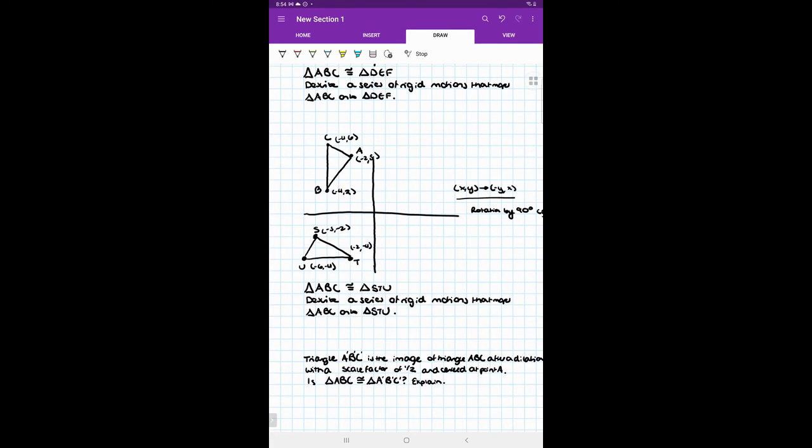If I rotate by 90 degrees counterclockwise, (x, y) goes to (-y, x), which is what I wanted. Okay, yeah, sorry.